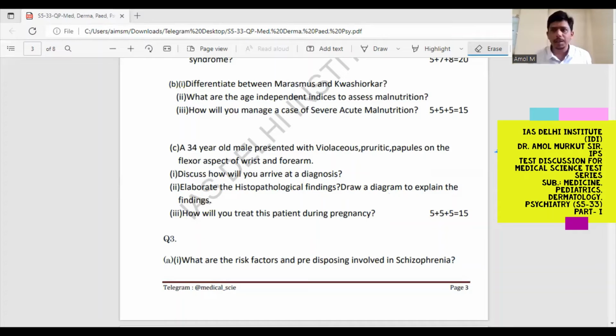This upper layer is the thickened granular layer. Then these are the basal cell degenerations. Then these are the colloid bodies. Okay, what are these colloid bodies?